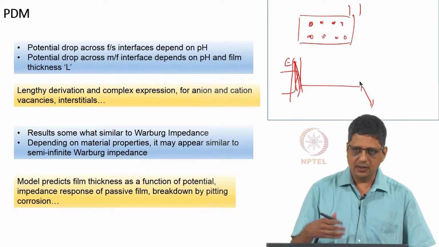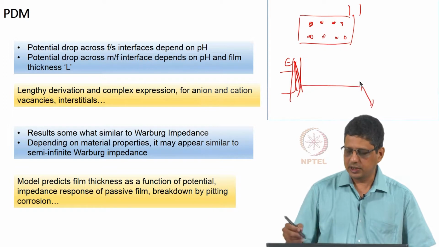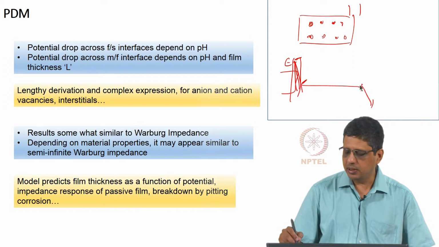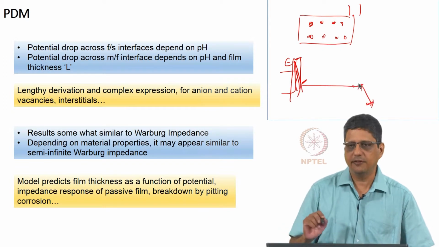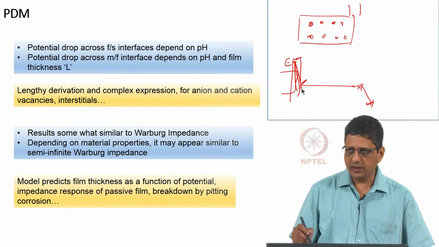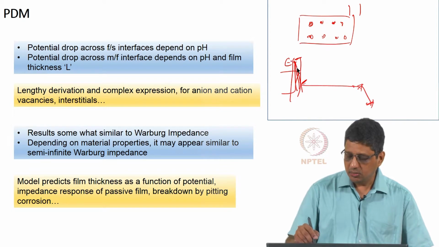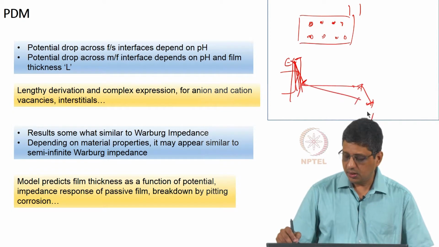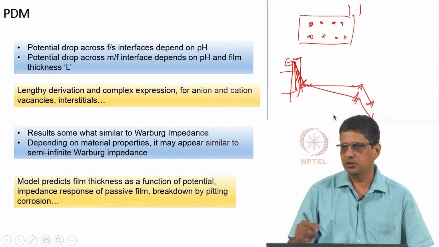But whenever we vary the potential using the potentiostat, the change occurs only here because the reference electrode potential drop is a fixed number. If solution resistance is significant, then depending on the current value, you may have a potential drop in the solution also.